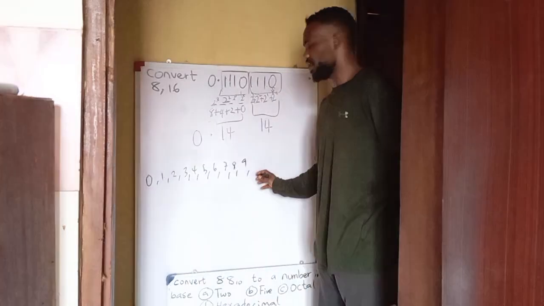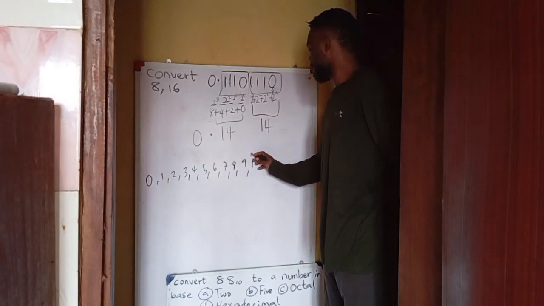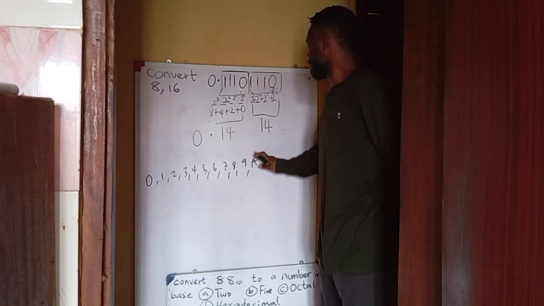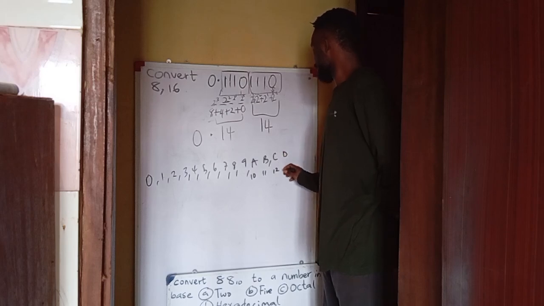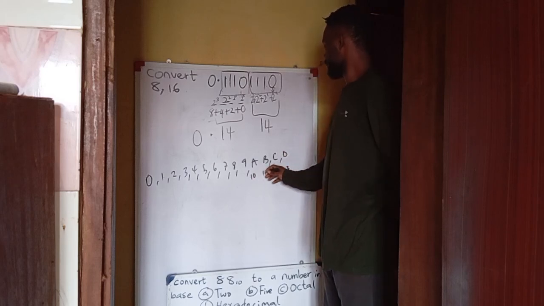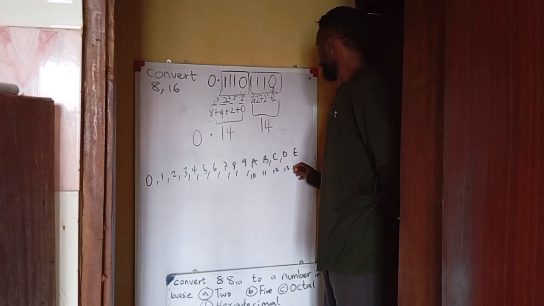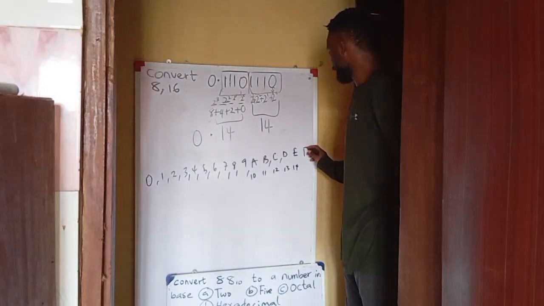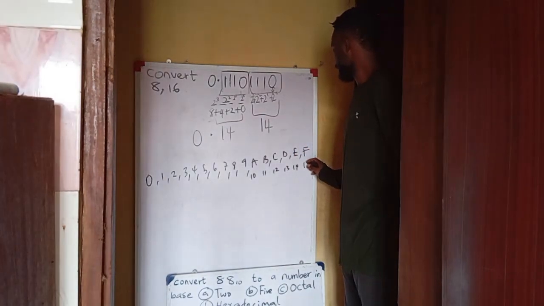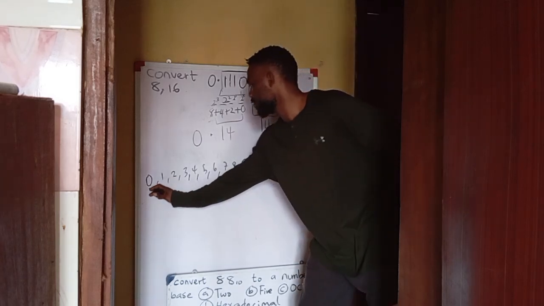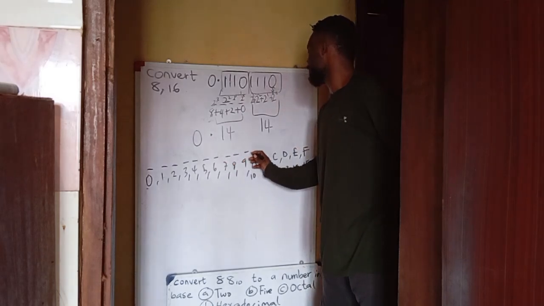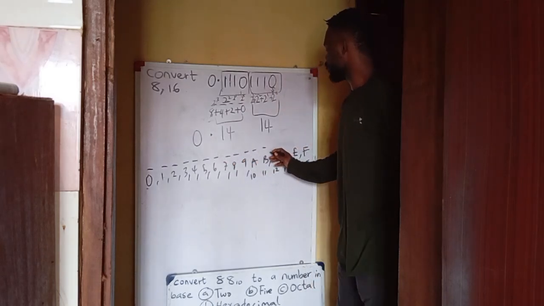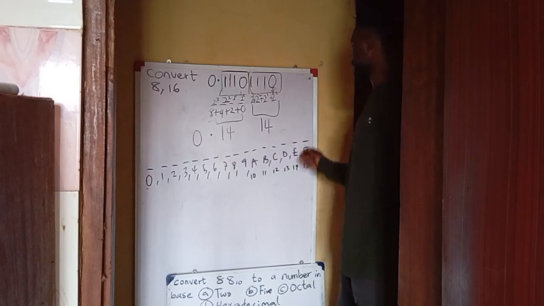The minute you get to 10, you start using letters: A to represent 10, B to represent 11, C to represent 12, D to represent 13, and E to represent 14. Then F to represent 15. If you check it, this is place 1, place 2, place 3, up to place 15, base 16.